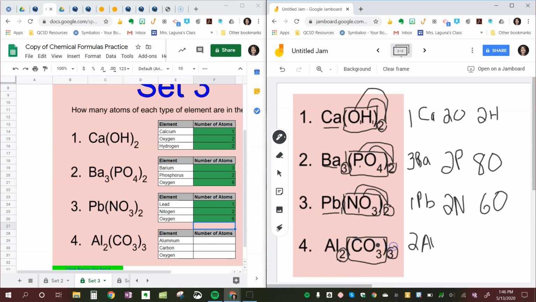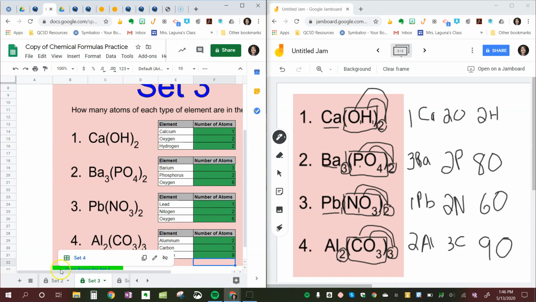We have 3 of these groups, carbonate groups. So that means 3 carbons, 3 times 1, or 3 carbons, and 3 times the 3 oxygen, 9 oxygen. And we're going to go ahead and put those in. 2, 3, 9.